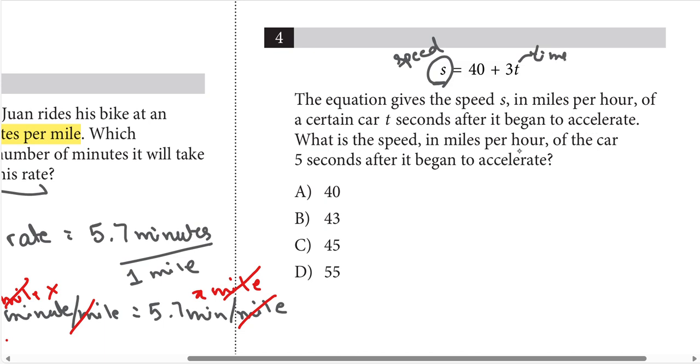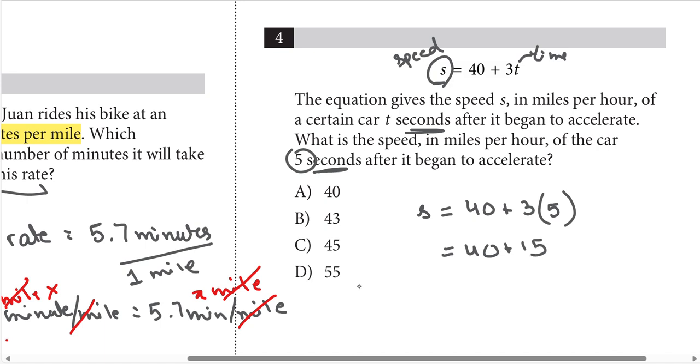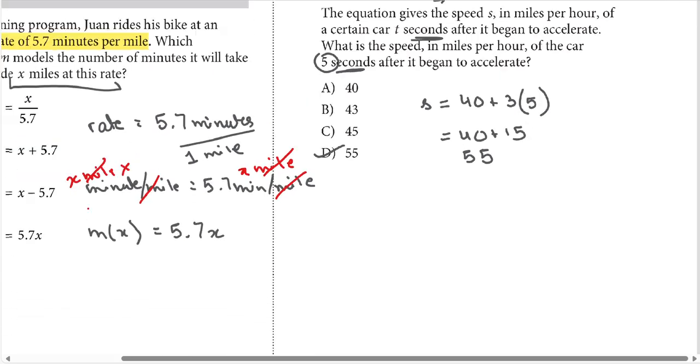What is the speed in miles per hour of the car 5 seconds after it began? So again, it's easy. The particular value is given. We just have to fill it. So instead of t, I'm going to use 5 seconds. It was important to check both are in seconds, which they are. I just need to add them. 40 plus 15, 55. Okay.